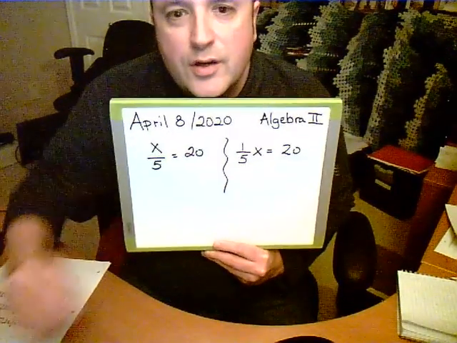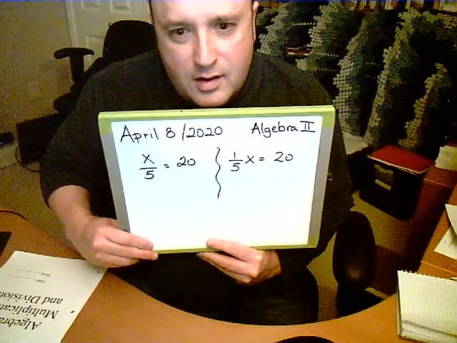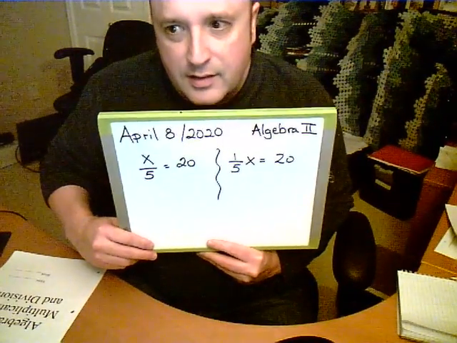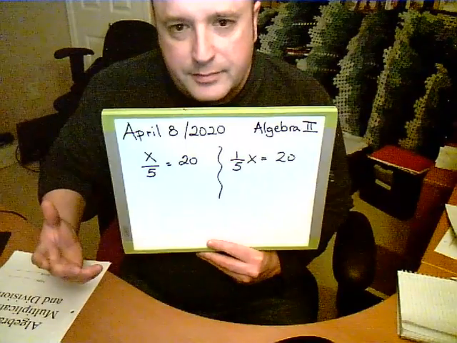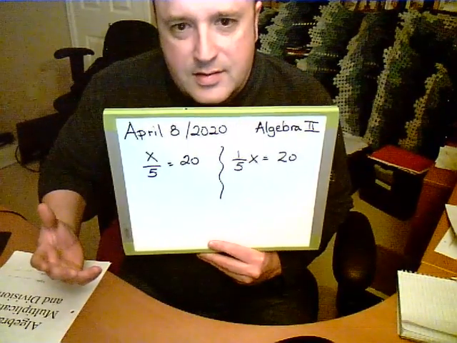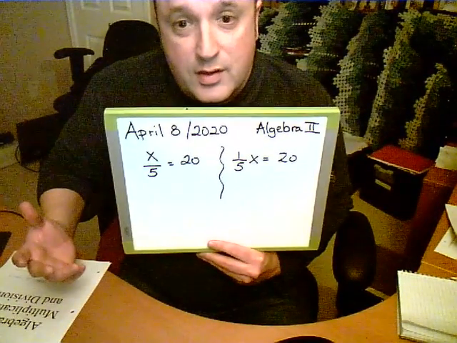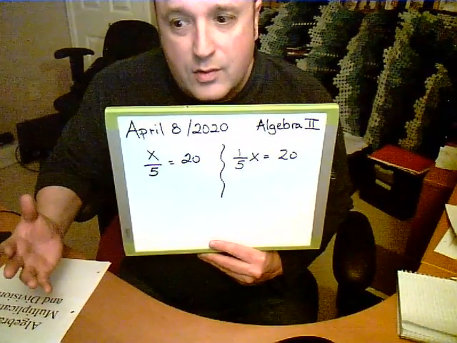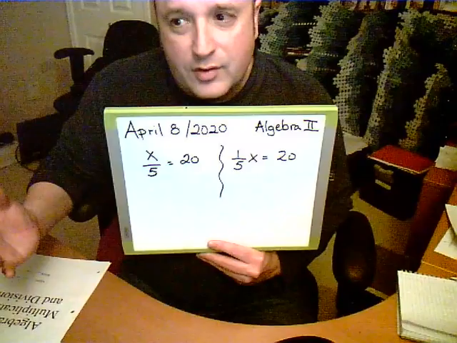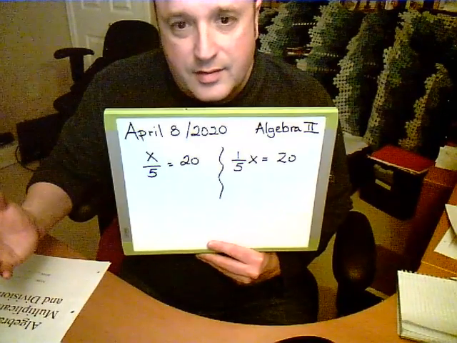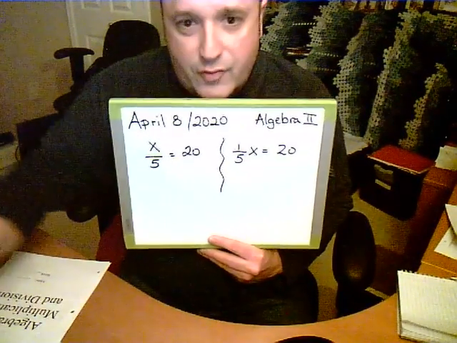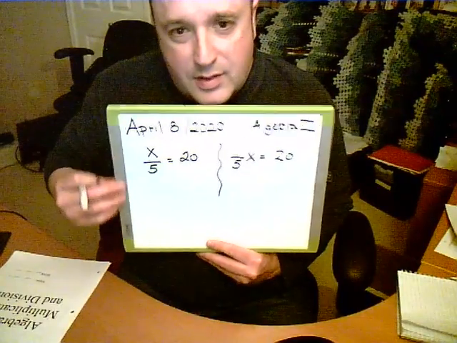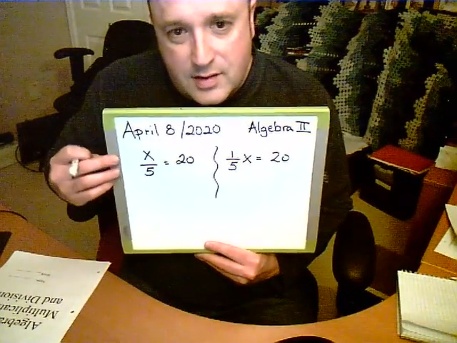Alright, so here we have two questions that are kind of the same idea: x divided by 5 equals 20, and 1/5 x equals 20. Let's have a look and see how those two play out. For the first one, x is being divided by 5, that's what that bar says.